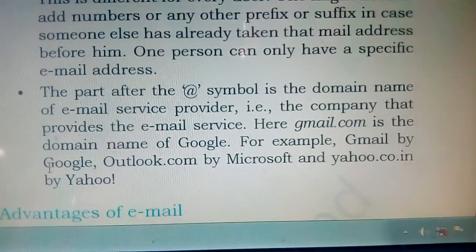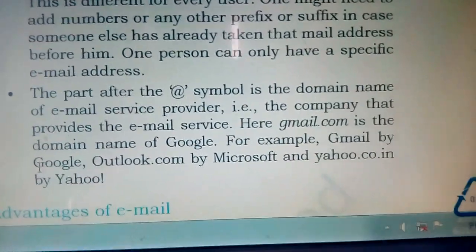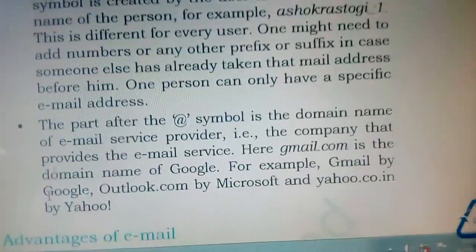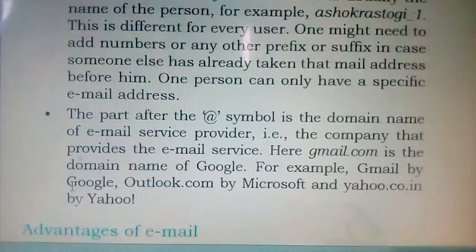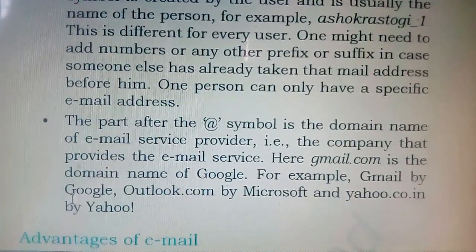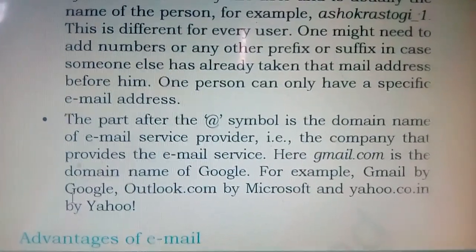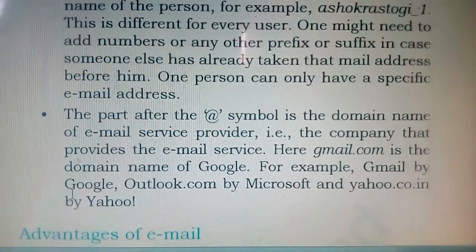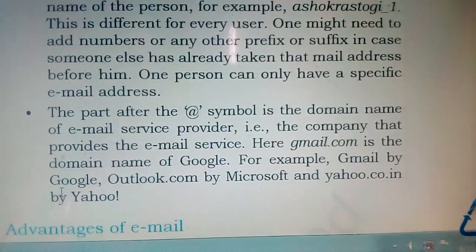The domain name is the part located at the right of the @ symbol and represents the domain name belonging to the email service provider. So that is the Gmail domain name and username. The username is also called the email prefix. I think that is clear.